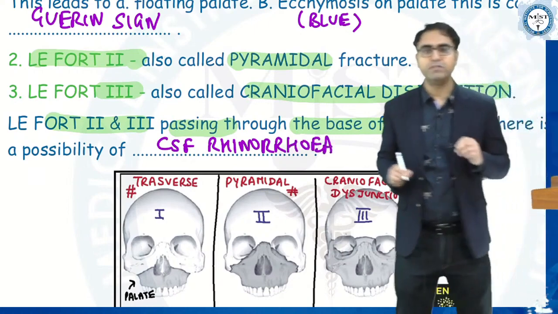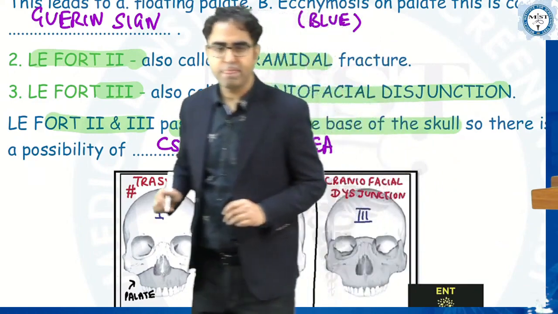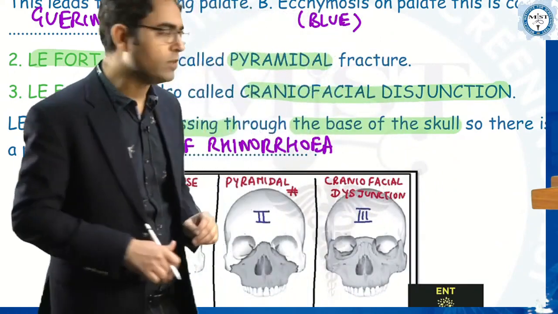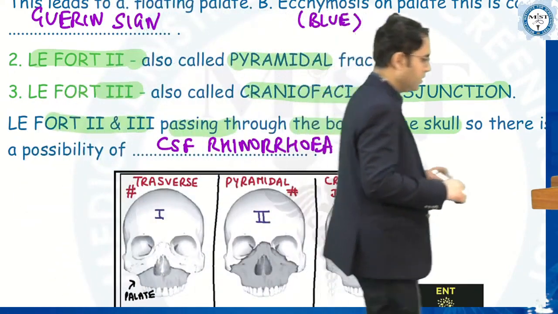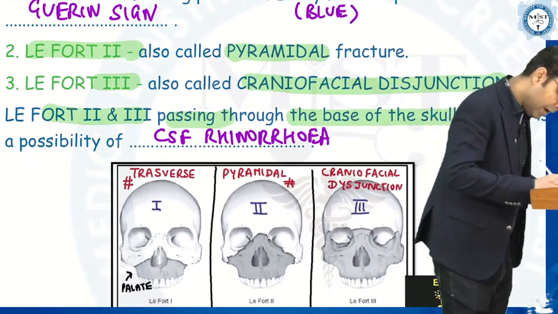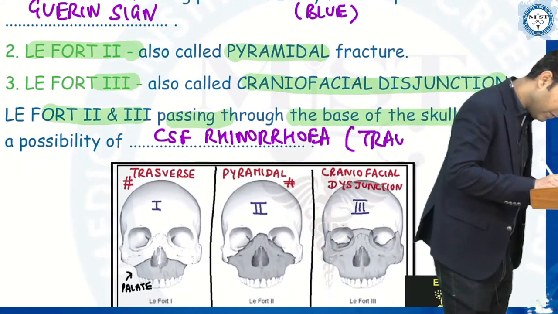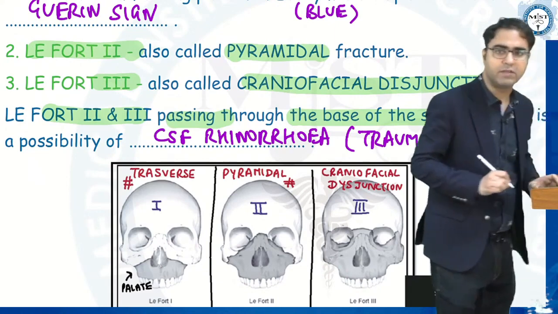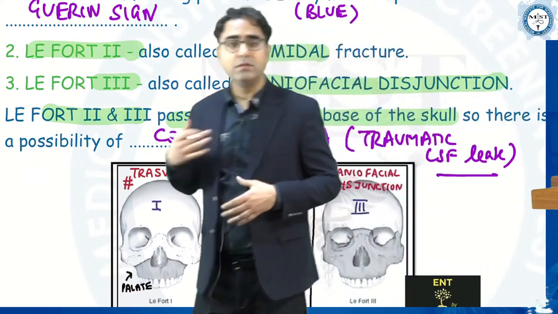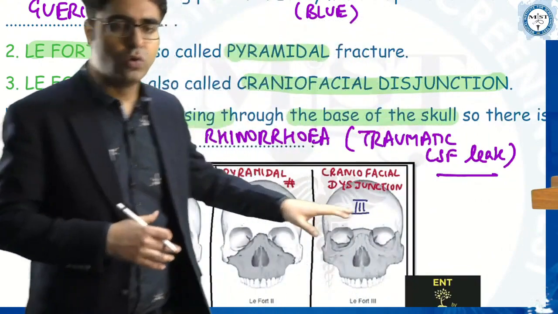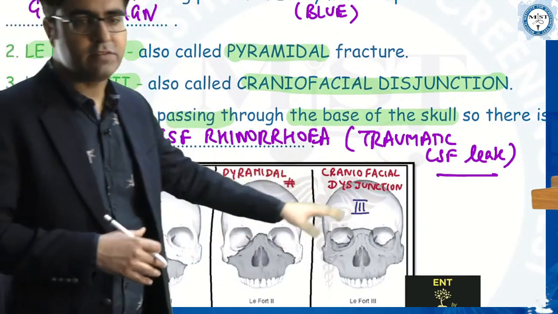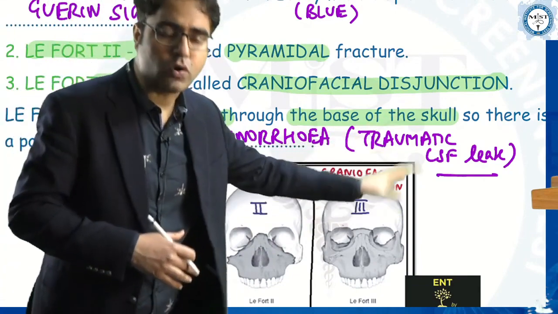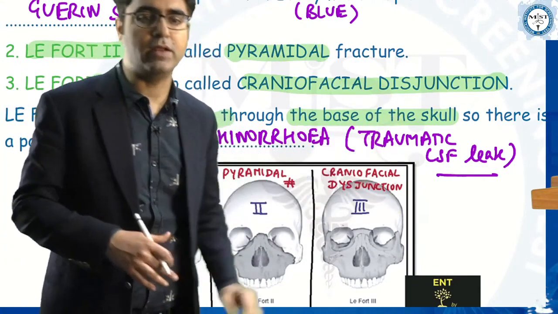And this is called traumatic CSF leak. Due to trauma, this is called traumatic CSF leak. So Le Fort 2 and Le Fort 3 can have CSF rhinorrhea, and this type of leak is called traumatic CSF leak, beta.